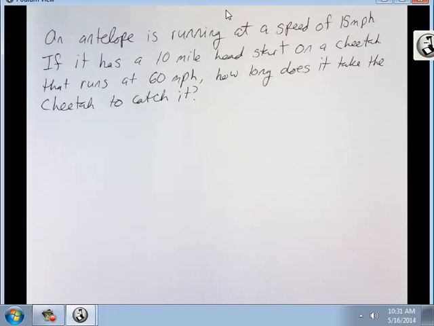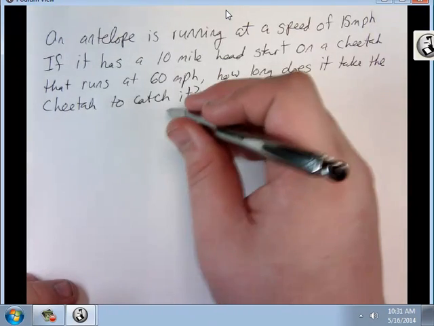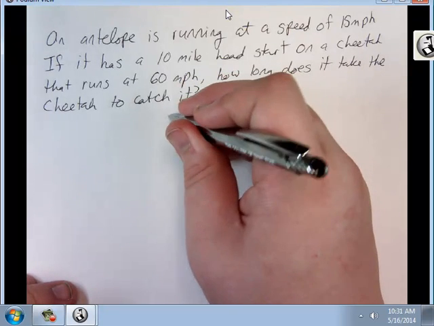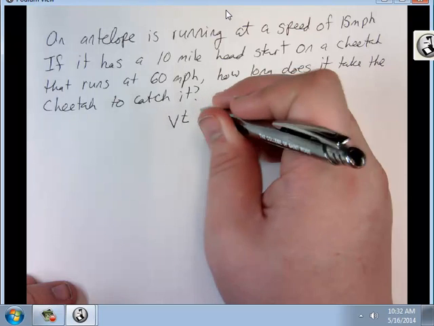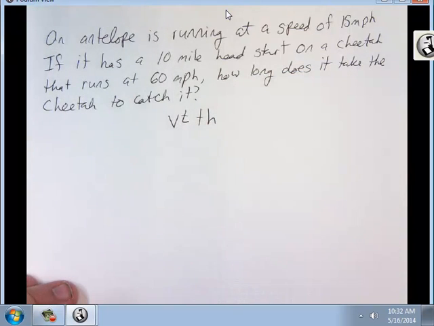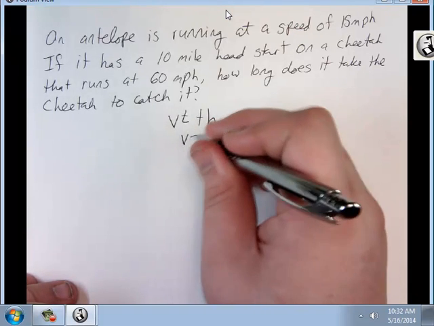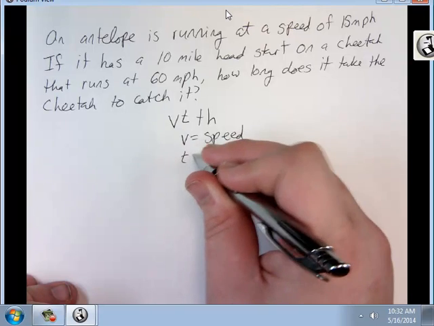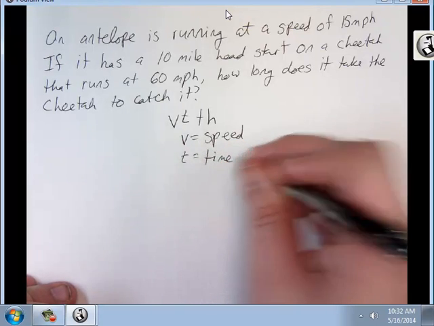So here's the formula: Vt plus h. I'm giving you this formula. V is speed, T is time, H is head start.